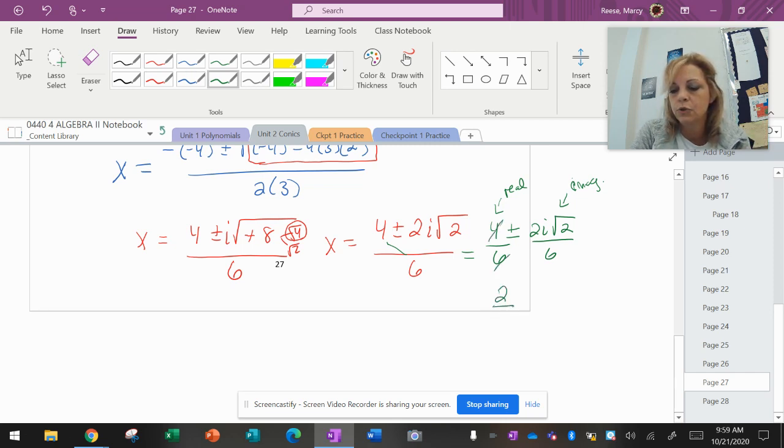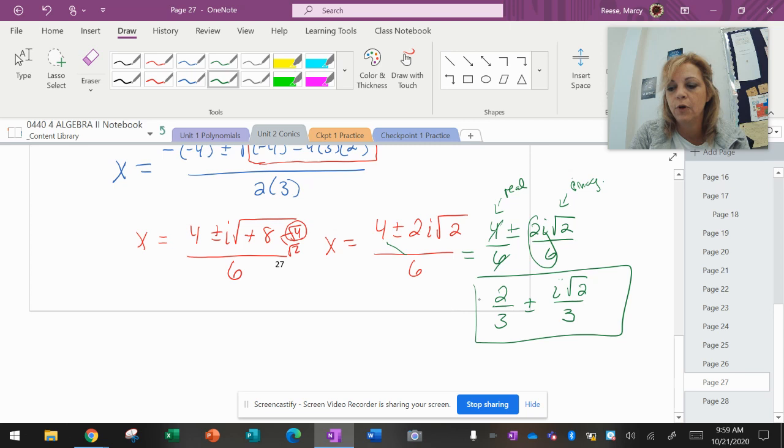So we're going to do 2/3 plus or minus, because these reduce, i radical 2 over 3. And you have your answer. And that's it. When I ask you about the nature of the roots, you're going to say there are 2 complex solutions. Okay? That's all.